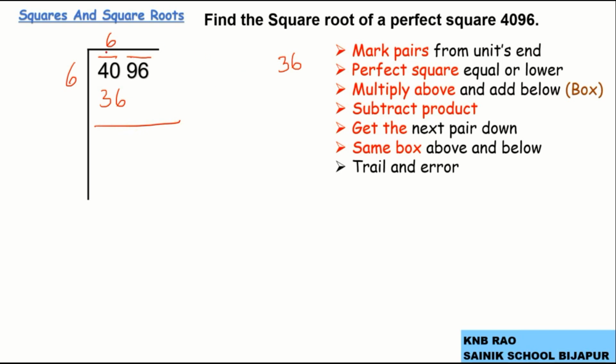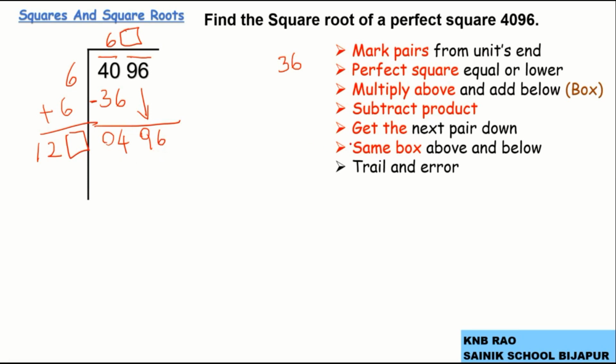Now multiply above the product we got, add below we got 12, a box, and I have got 36. The product is subtracted from 40, giving us difference as 4. Now we will take down the next pair. That next pair once come down becomes 496.